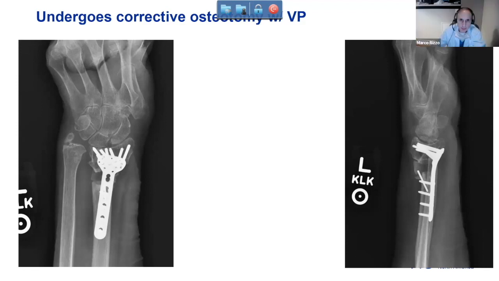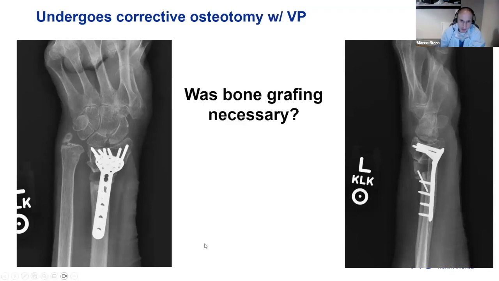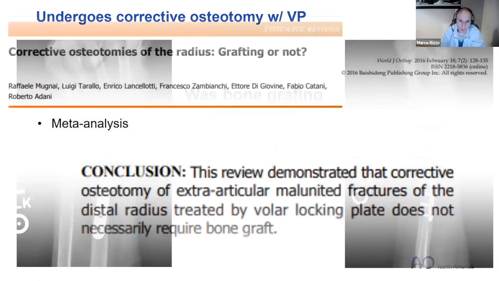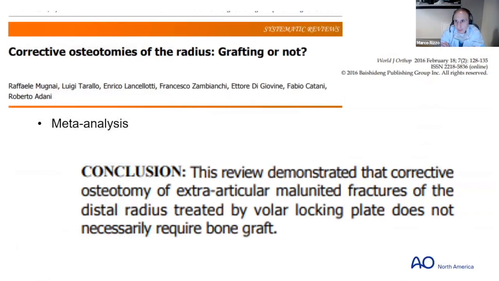Great pearls. So, we talked a little bit about bone grafting, so I won't belabor it. One of the questions that came up was whether bone grafting is really necessary in this case. There are some studies. This is a systematic review, like a Cochrane type review, meta-analysis, from 2016: do we need to bone graft?